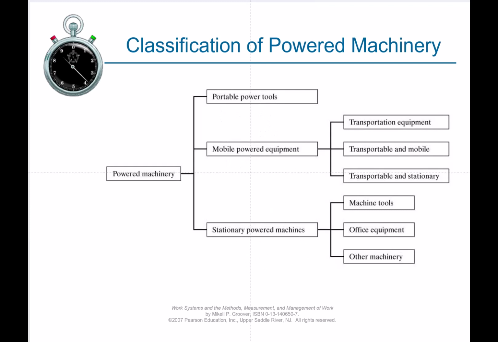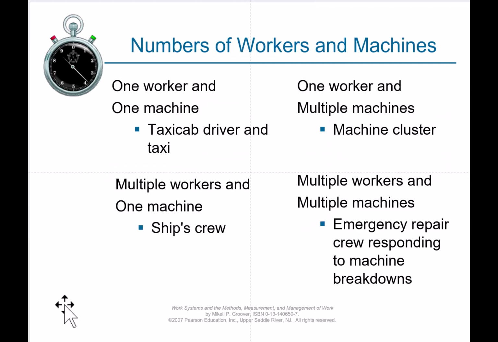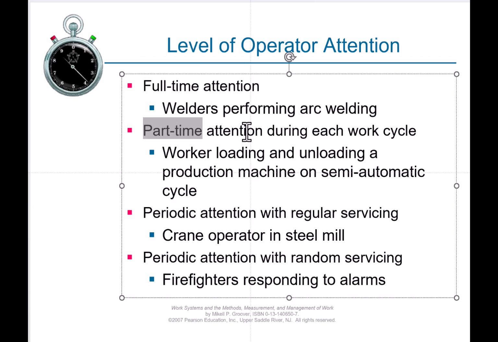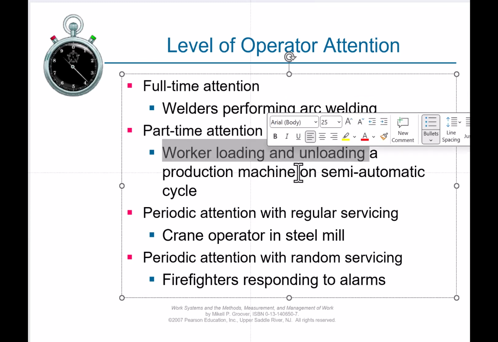For the number of workers and machines, you also need to take allowances into consideration. In the case of an operator, you may have full-time attention, such as welders, but sometimes you have part-time attention during the work cycle, such as a worker loading or unloading a part in a machine.